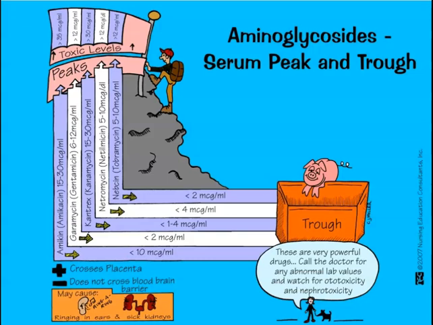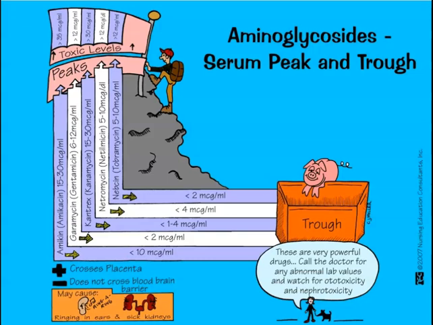The other thing that I'd like to mention is concurrent use of medications that affect ototoxicity, so that affect the hearing and affect the kidneys. Concurrent use of them can actually cause more of a synergistic relationship, in that the patient would be more likely to develop those complications.